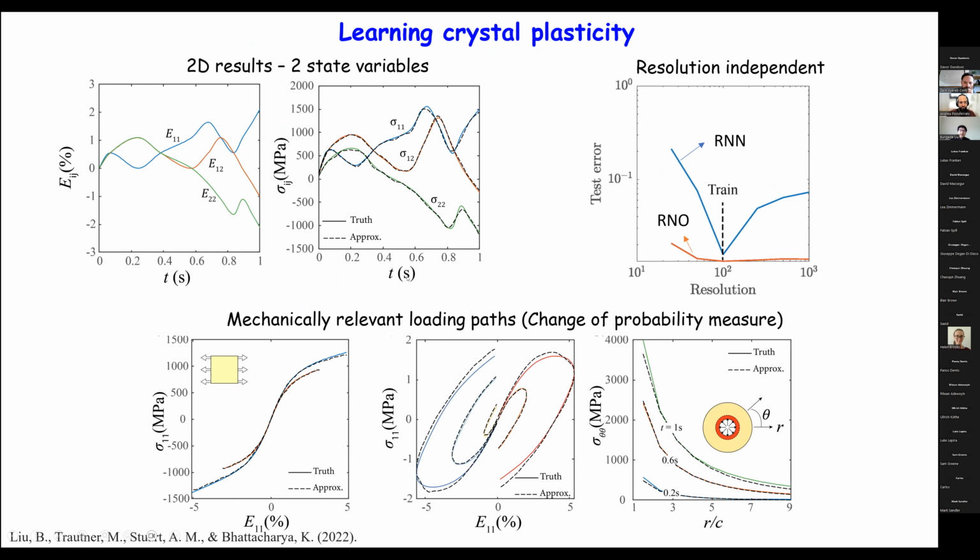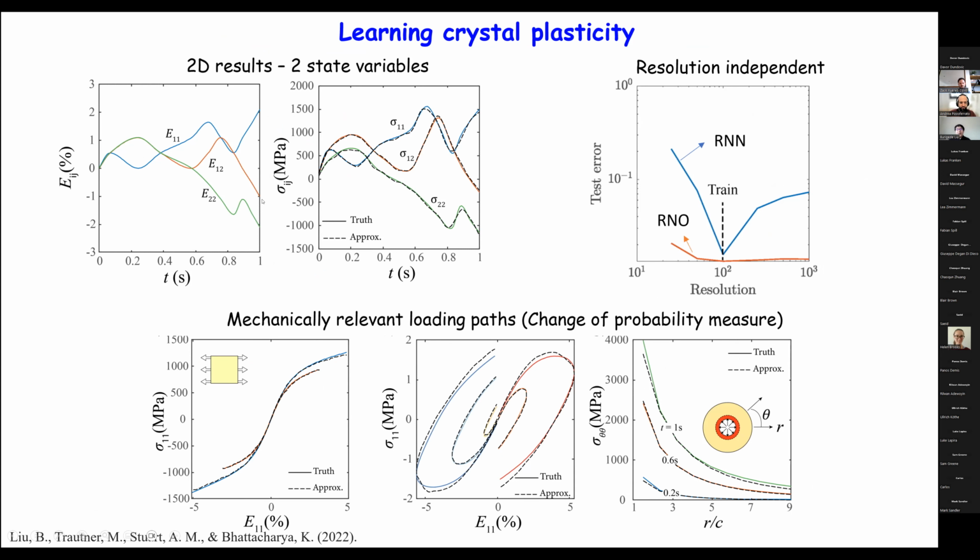And more importantly, what we have found is that, for some reason that we are yet to understand, this learned approximator also works when you have data drawn from a different probability measure than the one used to train it. So for example, here we train our recurrent neural operator using random loading processes, which are smooth versions of random walks.